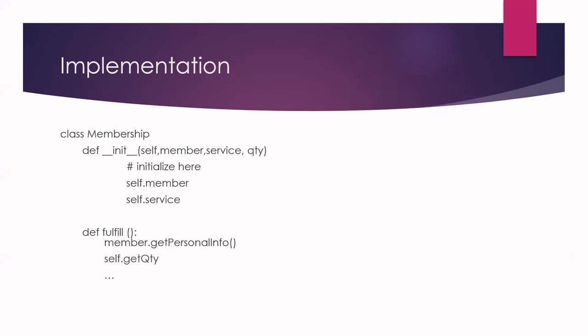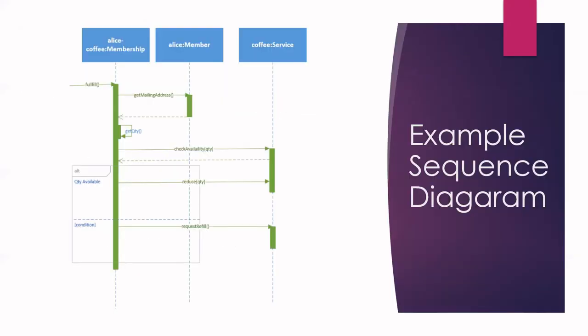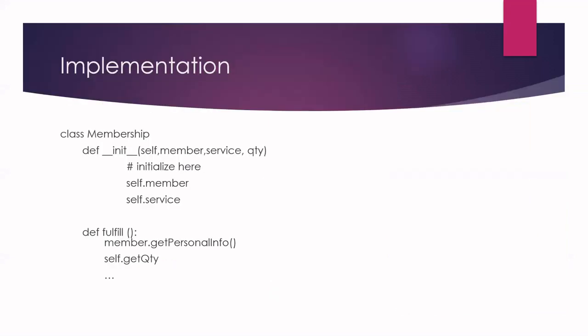And then when we get to the fulfill, whenever there is a call, depending on what you see here, there's a message sent to the member object that is get mailing address. So now we have a reference to that object, called the member here. This is the reference to the object. Now we can use that reference to send the message.